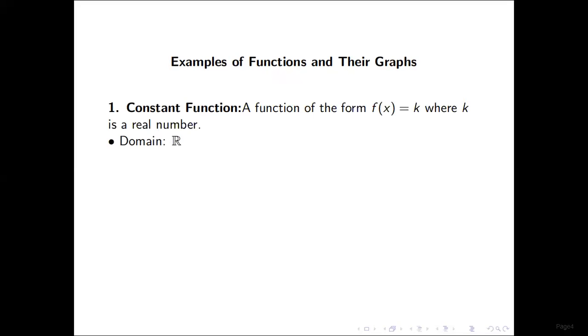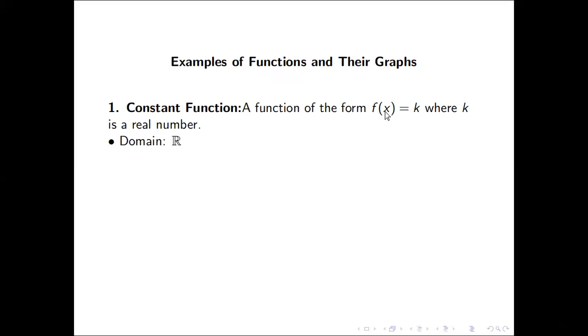And its domain, which is defined to be the set of all permissible values of x, meaning those x which can be put into the function so that it will have a defined or a real value. Since this is constant anyway, we can place any x value and it will always have a y value of k.